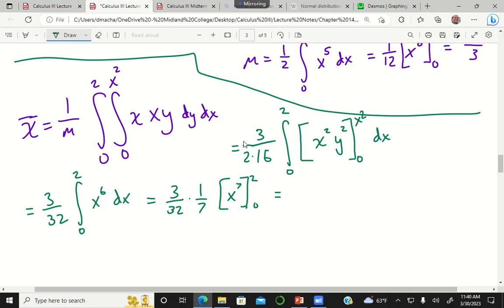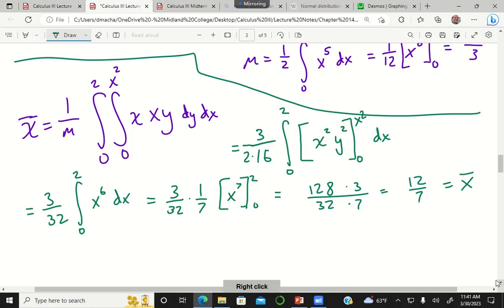Yeah, 128. And then that's going to be times 3 divided by 32 divided by 7. So 128 divided by 32 I think is 4. So 4 times 3/7, that's 12/7. That's the, again, assuming I made no mistakes, that should be the x-coordinate of my center of mass.